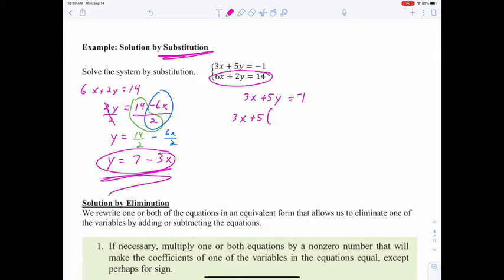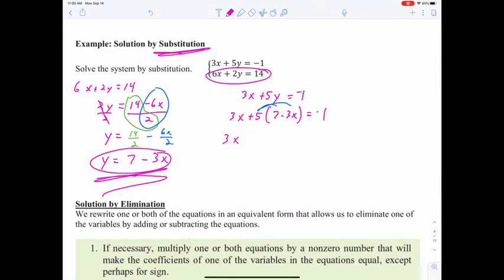Parentheses are very important because we have to distribute that 5 into the 7 and the -3x. That's important. So again, we're going to distribute, right? We're going to multiply that 5 into the parentheses. So we get 3x plus 5 times 7 is 35. And 5 times -3x is minus 15x, and that's -1.